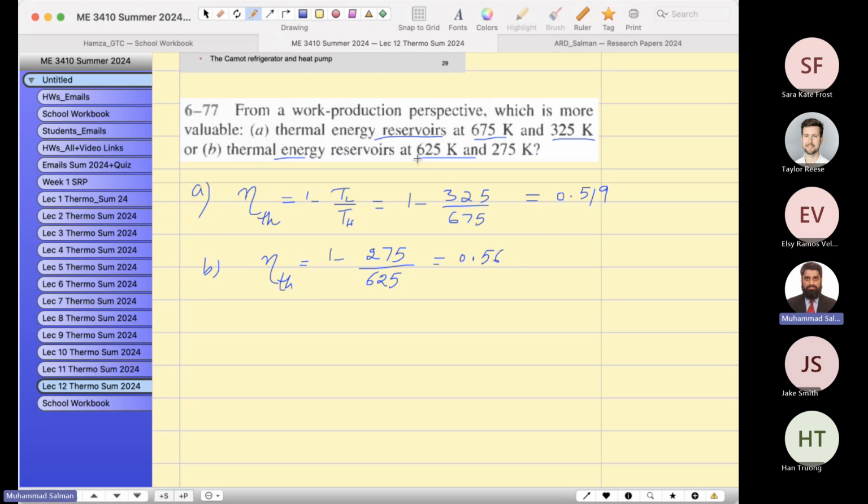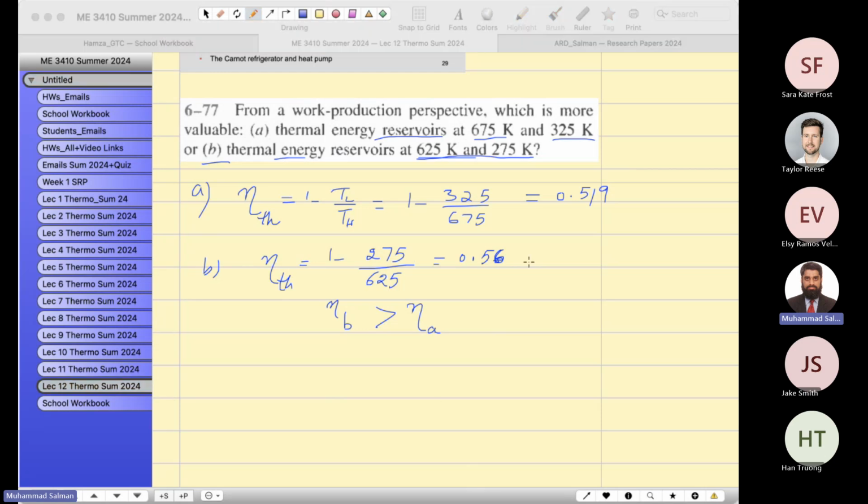So we will compare both of these efficiencies. Efficiency of case B is greater, so we will prefer case B.